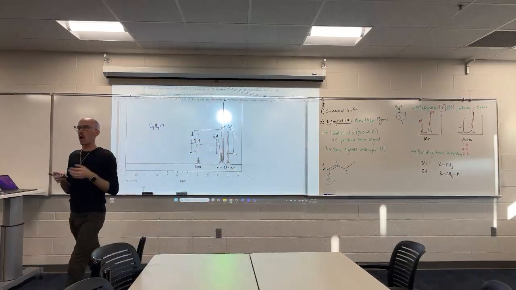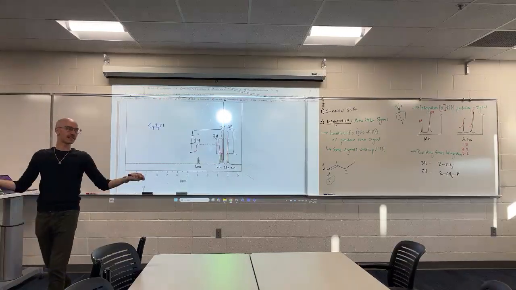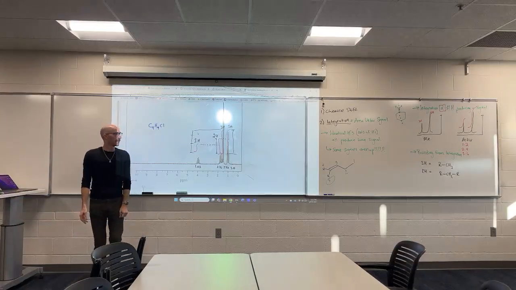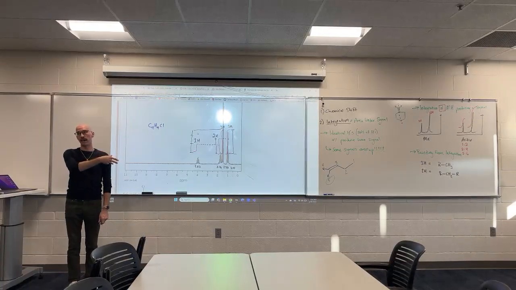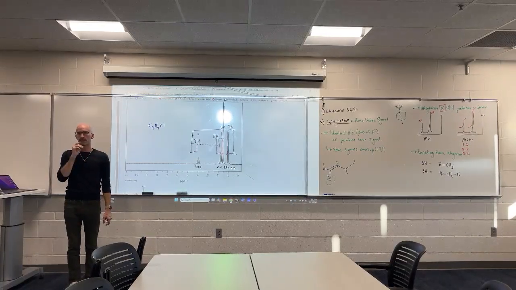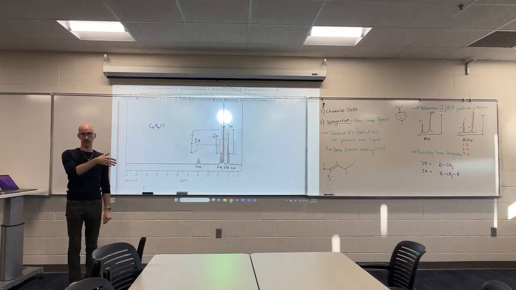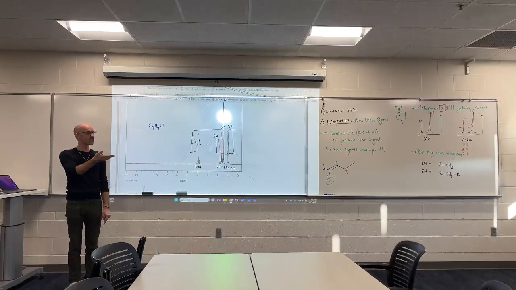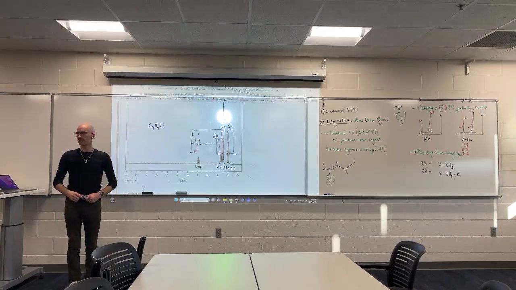Do you remember what we said R stands for? The rest of the molecule. And really the only option that R cannot be right now is H. It could be an oxygen, a nitrogen, a carbonyl, a ring, another carbon group. But if it's H, then we're actually just looking at what's above, right?